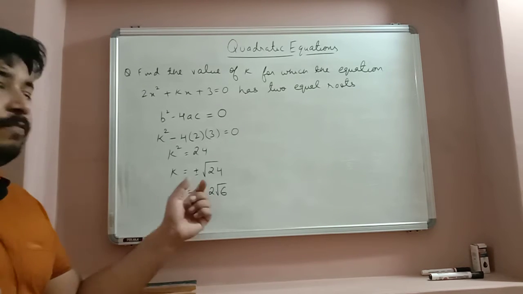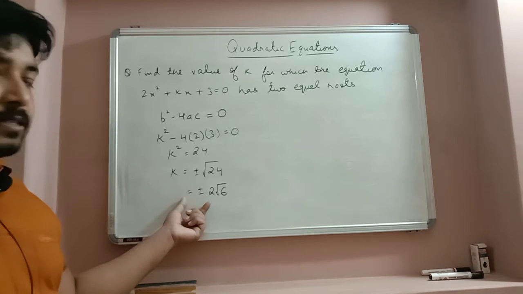So the value of k we have found to be plus minus 2 root 6.